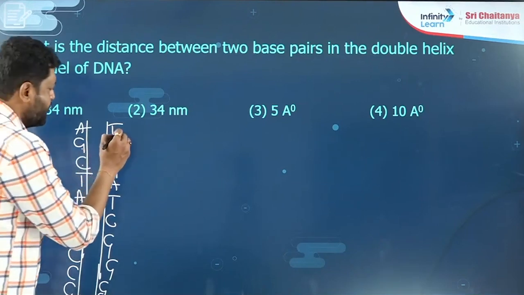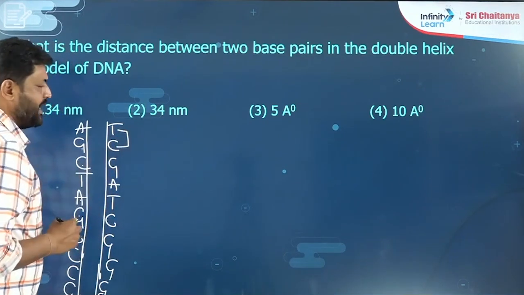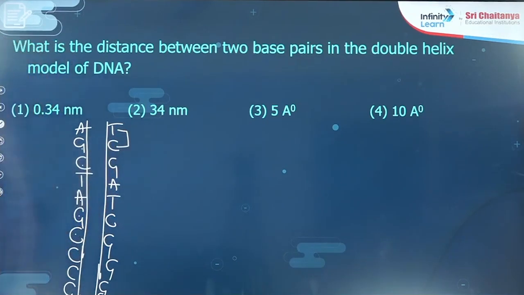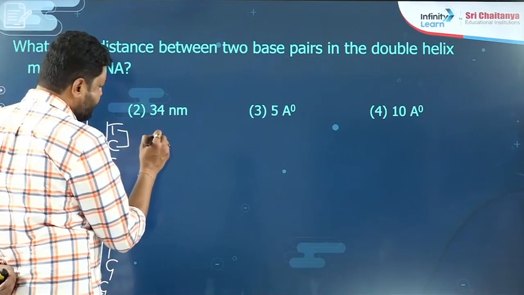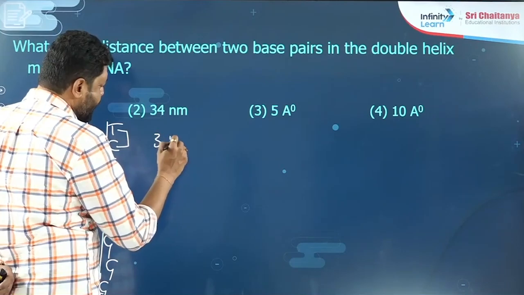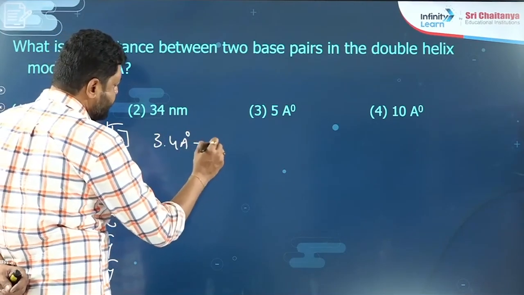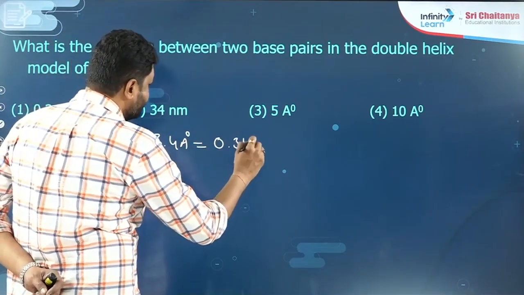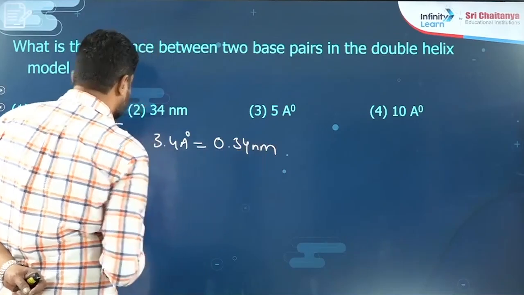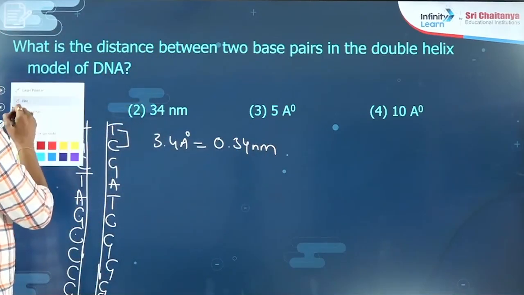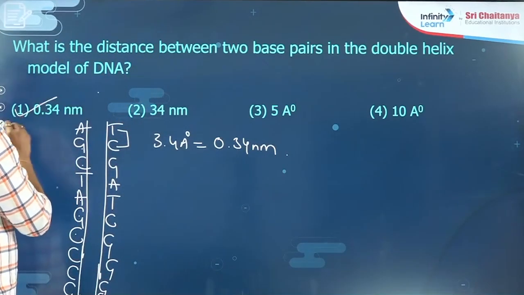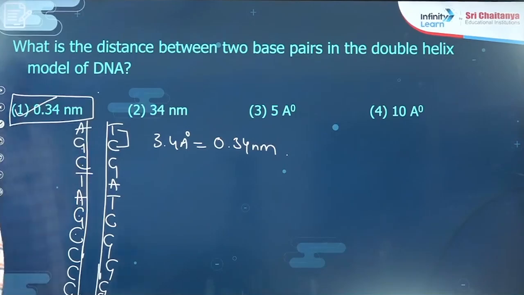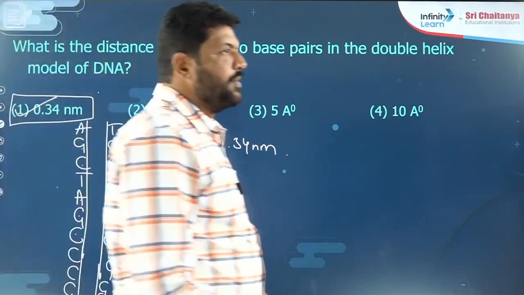The question is, what is the distance between two successive bases on a particular strand? The answer is 3.4 angstrom units, which is equal to 0.34 nanometers.